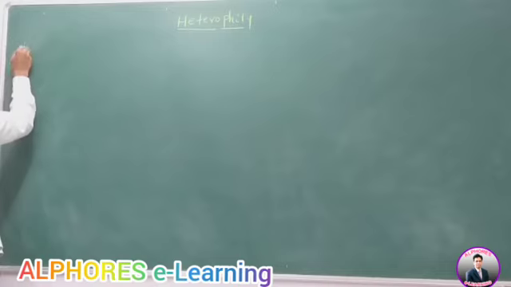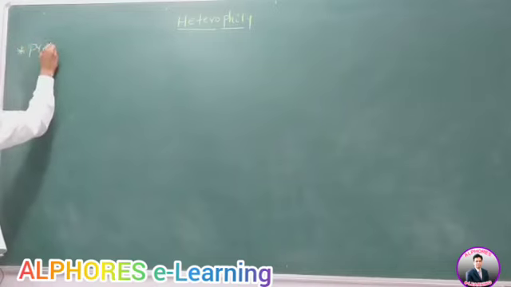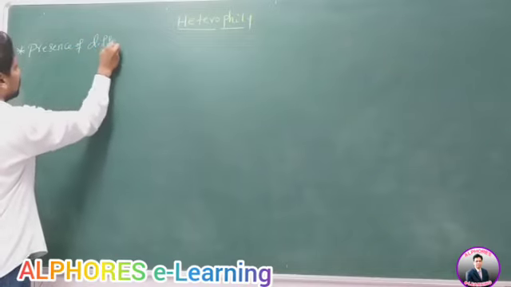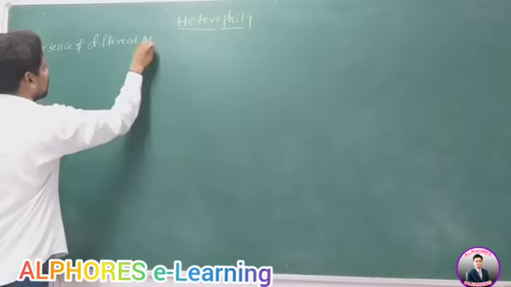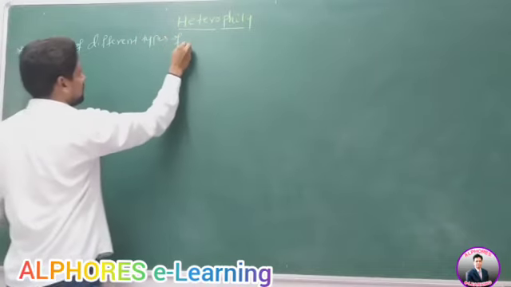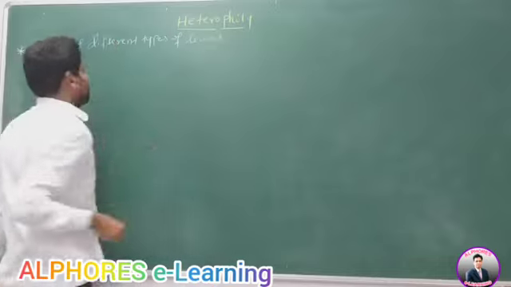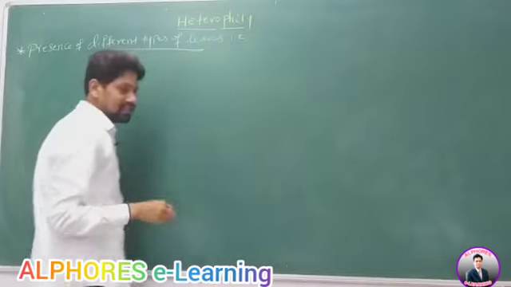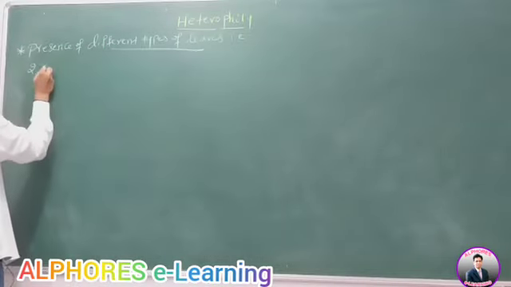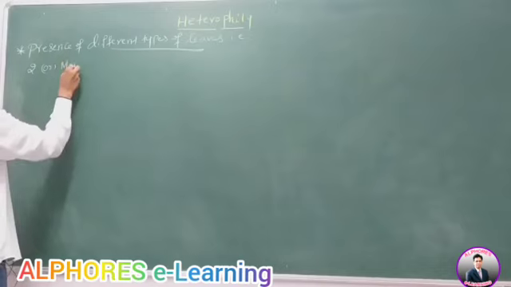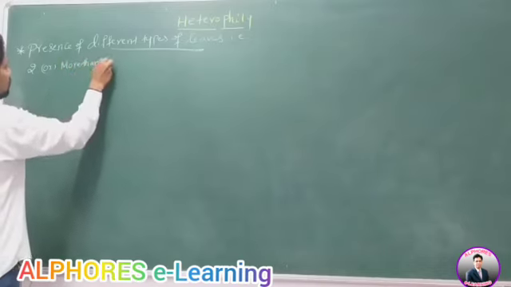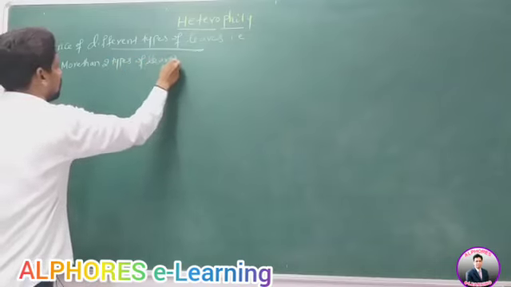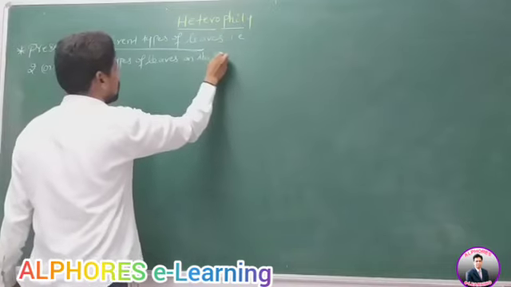Therefore, presence of different types of leaves, that is 2 or more than 2 types of leaves on the same plant.